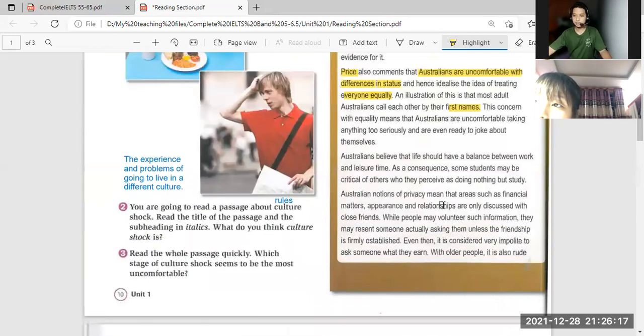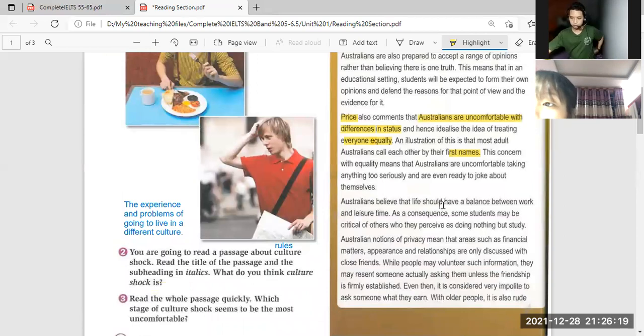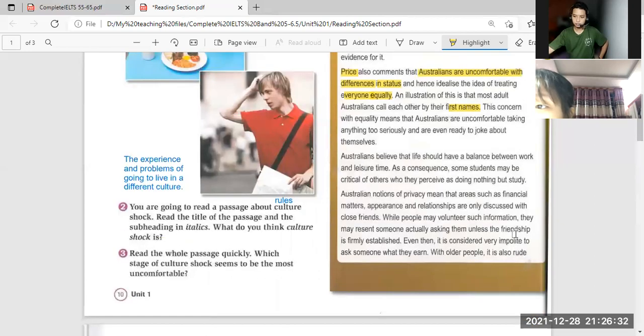Okay, let's find out study all the time. Can you find study all the time here? No. Okay, there's no study all the time, but you can read it from here. Australians believe that life should have a balance between work and leisure time.